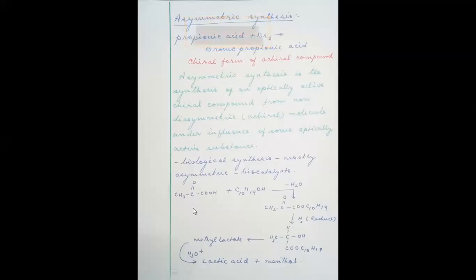Look here, you can take propionic acid. See, propionic acid is not an asymmetric compound. So when it reacts with this, look here, you are getting a big chain. When it is reduced, you are getting this one.